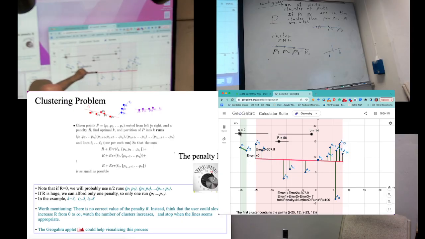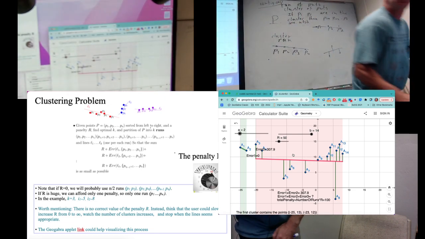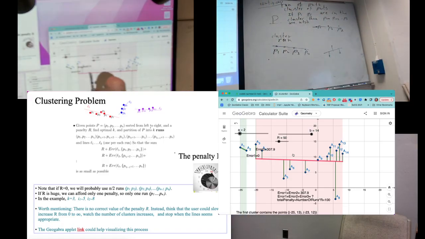And GeoGebra will also tell me the error that I see for these points, error 2, that you see over here. If you take the lengths of these green segments, square them and sum them, this error will be 307.